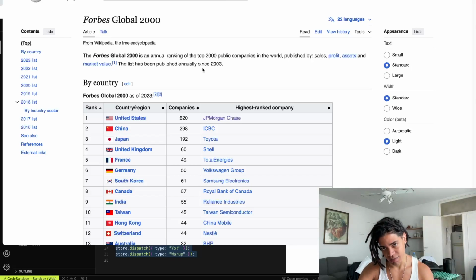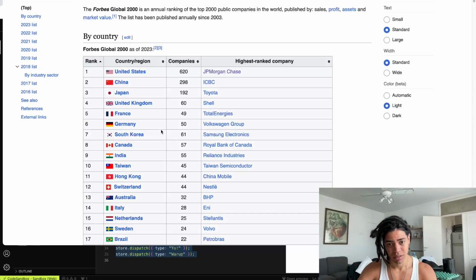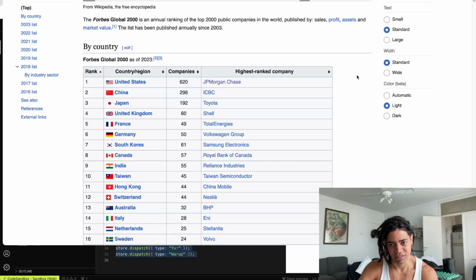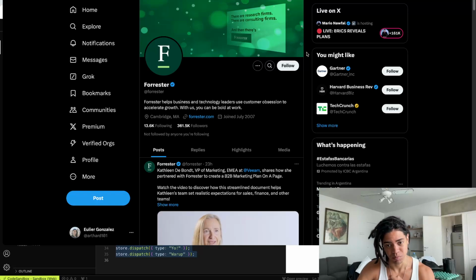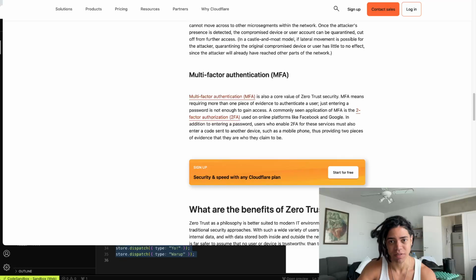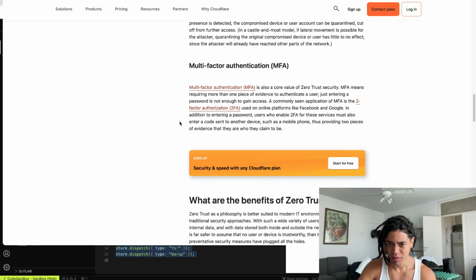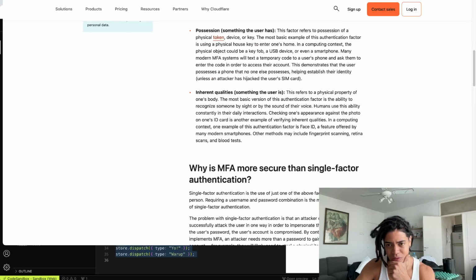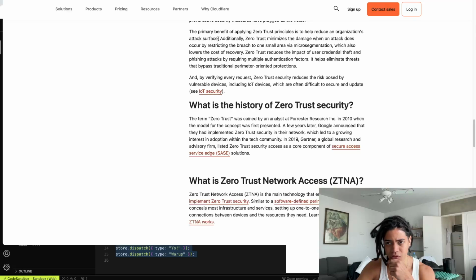And of the first 10 of them, 3 of 10 are in the finance system and in the banking system. Oh crap, man. Okay.